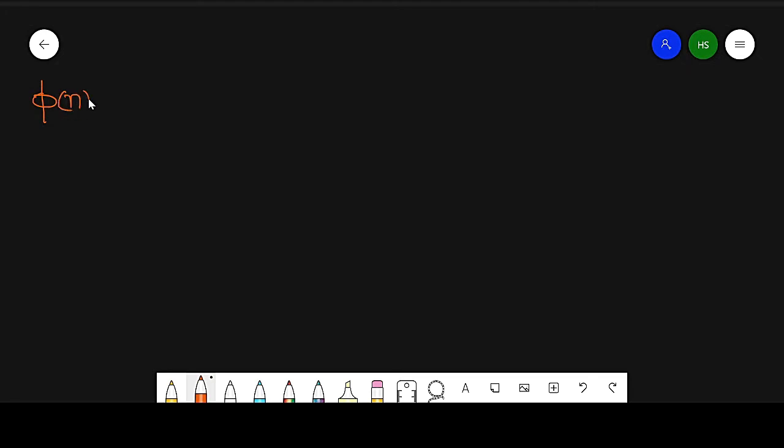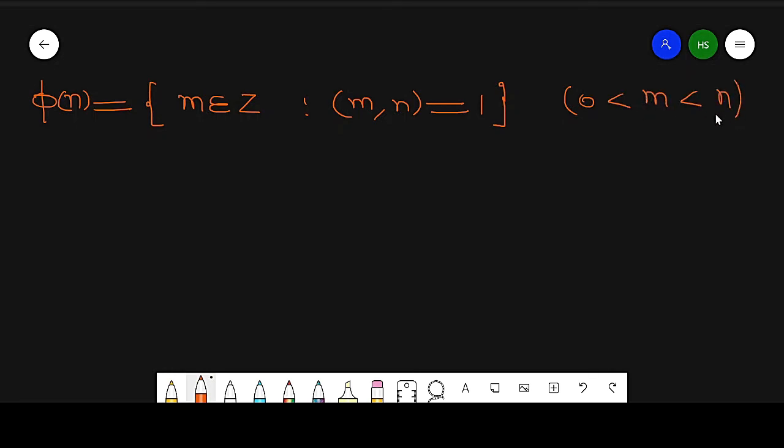It is the set of all integers m belongs to Z such that GCD of m, n is equal to 1, where 0 is less than m less than n. So it means m lies between 0 and n.